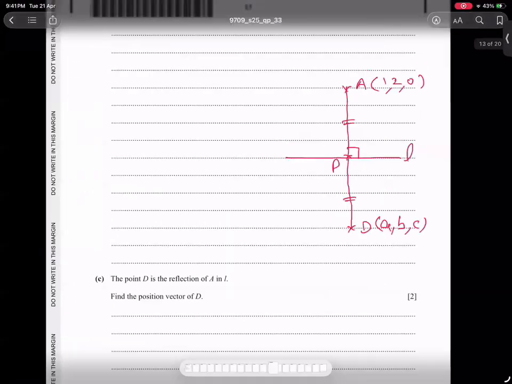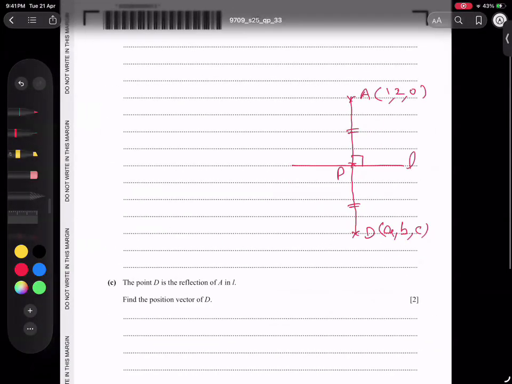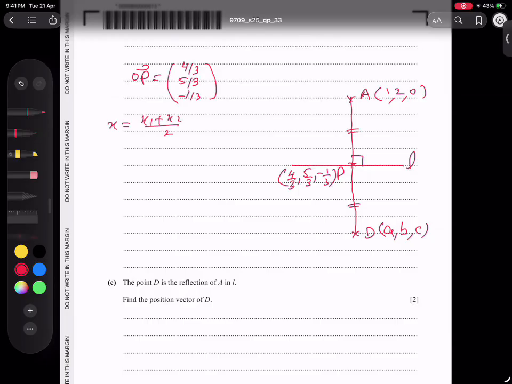And here I'm writing OP, as given. So basically I'm getting the coordinates of P: 4 by 3, 5 by 3, and negative 1 by 3. And I'm going to use the midpoint formula. All of you know the midpoint formula: x1 plus x2 divided by 2. So this 4 by 3 will come here.